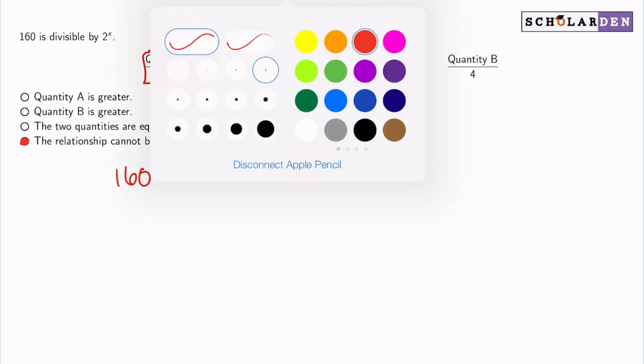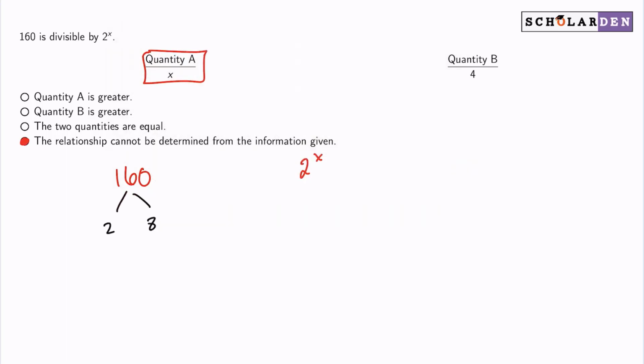160, I'll split that up into 2 and 80. That can be split up again into 2 and 40, then into 2 and 20, then 2 and 10, and then from 10, and sorry, this looks like a 2, let me erase that. And then from 10, that can be split up into 2 and 5.